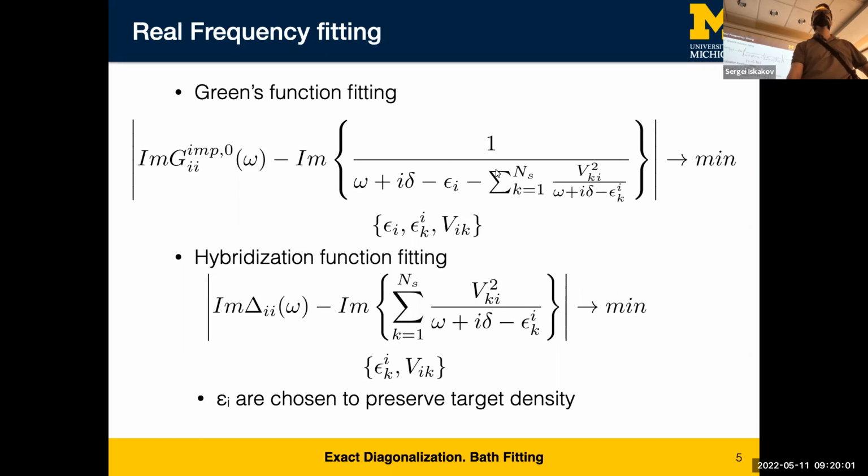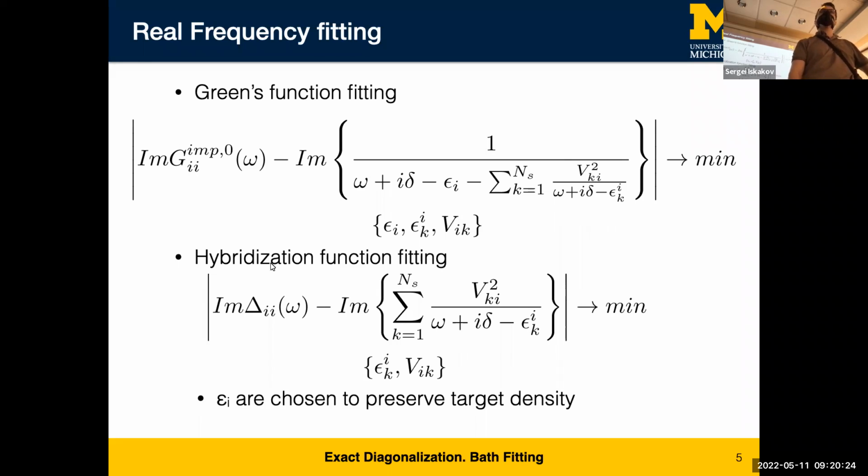Now we have a sum over a finite number of states. In addition, epsilon has this index i on top, which means that for each impurity orbital i, we have a specific energy for the bath. So it's not independent from the particular impurity orbital.